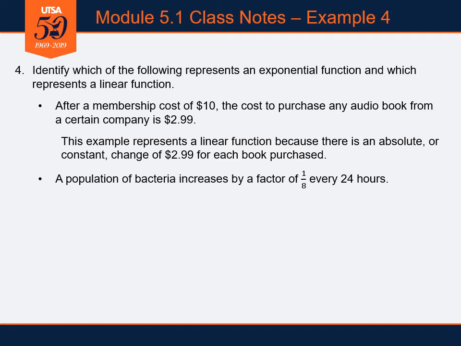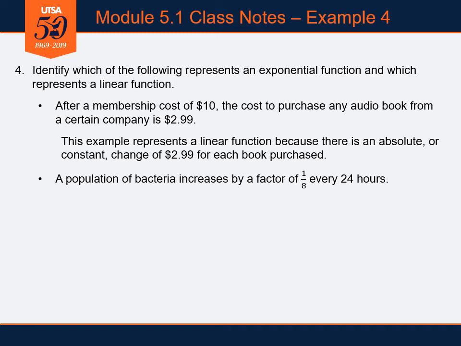Whereas the next bullet has us looking at a population of bacteria that increases by a factor of 1/8 every 24 hours. So we've got a certain number of bacteria right now, and we will have 1/8 more than that amount tomorrow. And then we'll have 1/8 more than that new amount the next day.